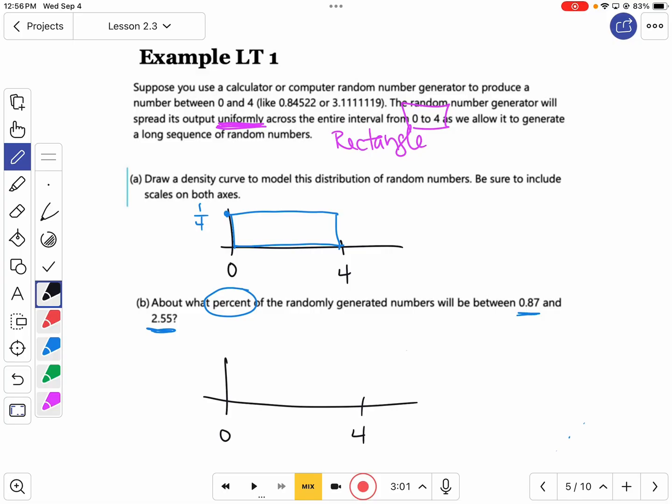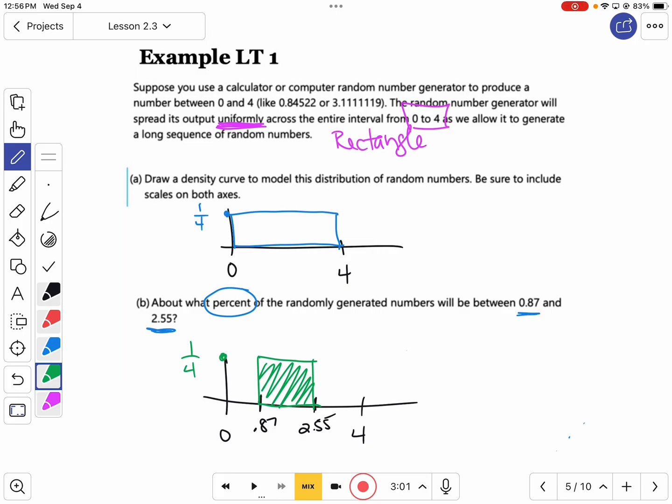I only want the part that goes from 0.87 to 2.55. Okay, the height of my rectangle didn't change. It's still up here at 1/4. Okay, but what did change? Yeah, the length of the bottom.